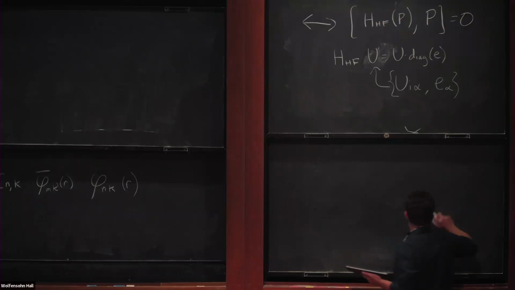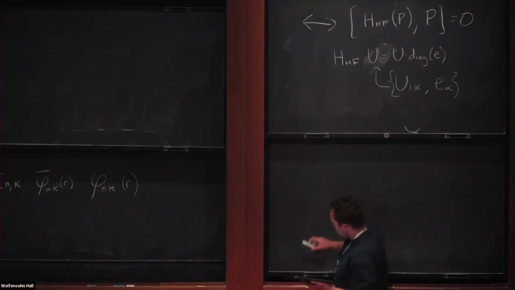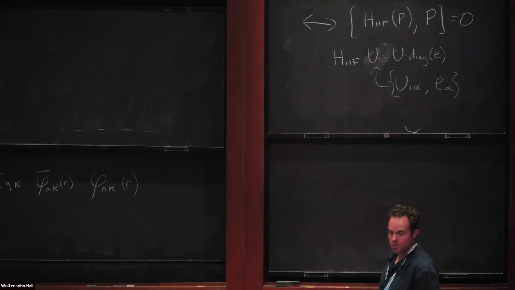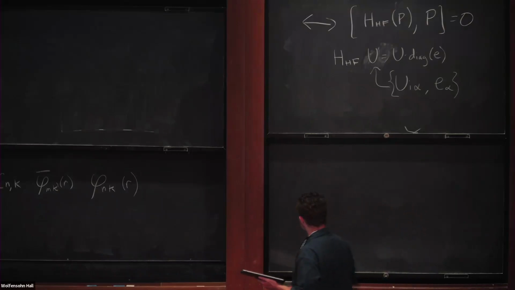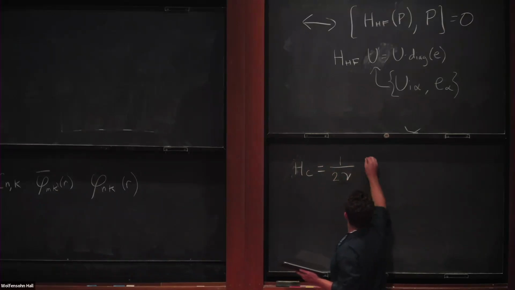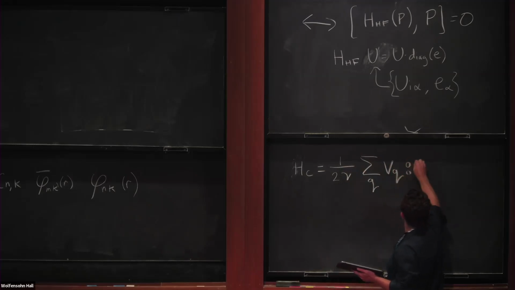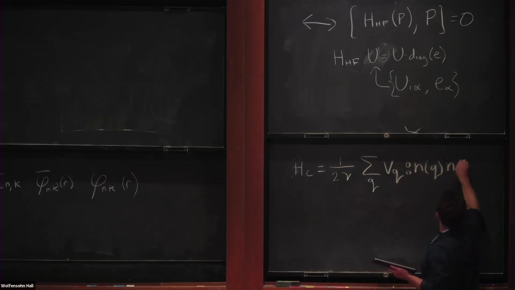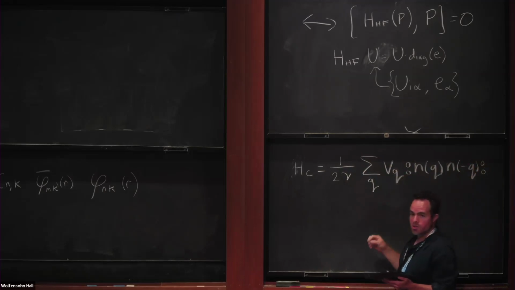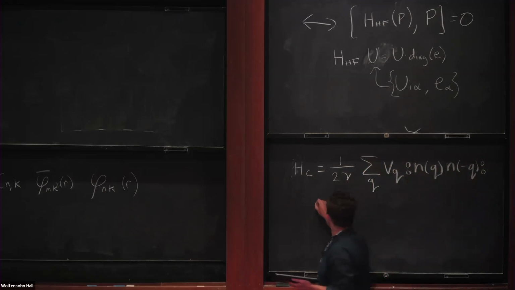So where does quantum geometry come up? One of the nice ways to analyze a problem like this is in Fourier space. So I can rewrite the Coulomb interaction, H Coulomb, instead as a sum over q of V(q) n(q) n(-q), where V(q) is the Fourier transform of the Coulomb interaction, and n(q) is the Fourier transform of the density operator.